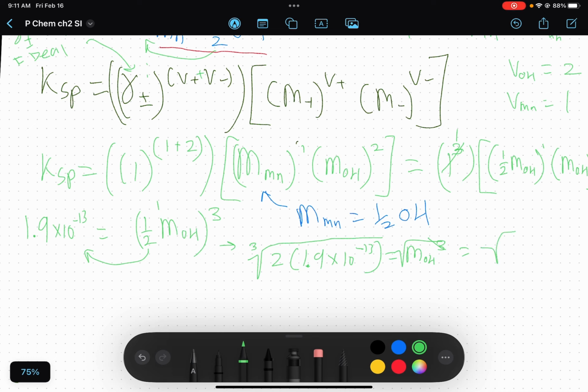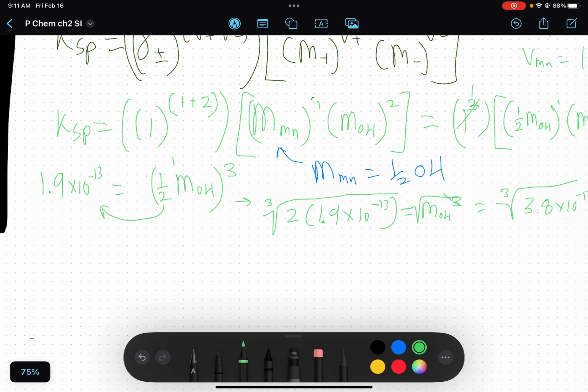So far that's giving me the cubed root of 3.8 times 10 to the negative 13. Recall that you can also write cubed roots like this, 3.8 times 10 to the negative 13 to the power of 1/3. Sometimes that's easier to put into your calculator.